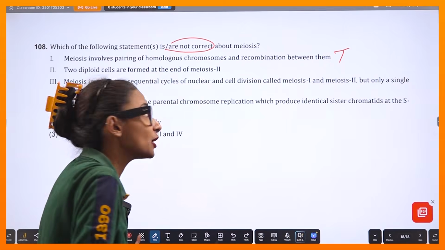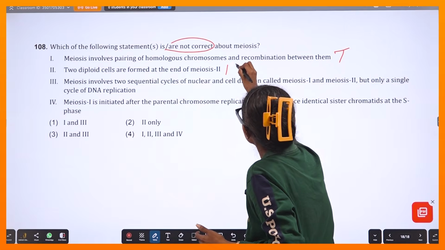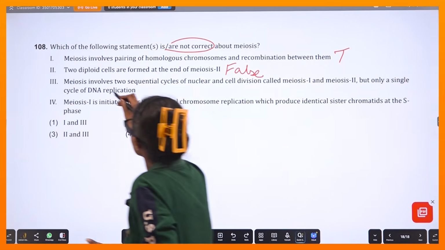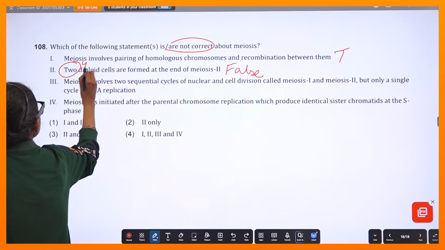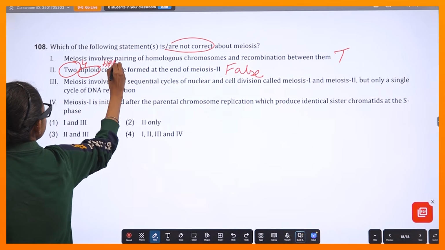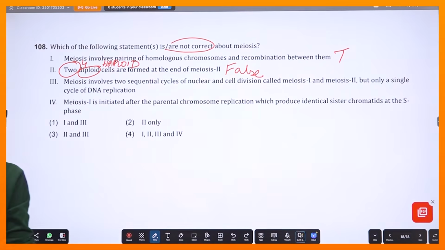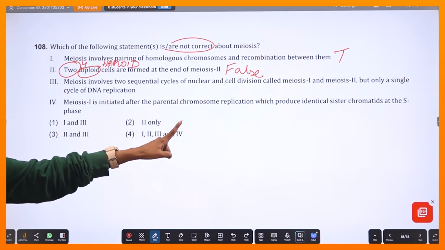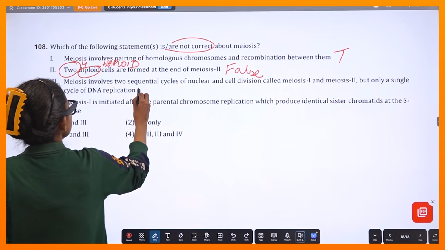No. Four haploid cells at the end of meiosis. False. Four, and that too haploid cells. Meiosis involves two sequential cycles of nuclear and cell division called meiosis 1 and 2, but only a single cycle of DNA replication. True?